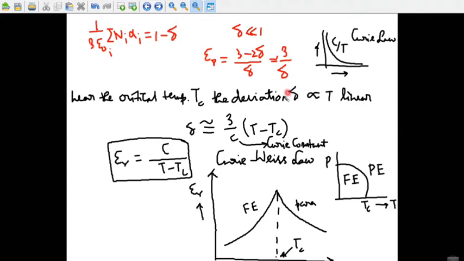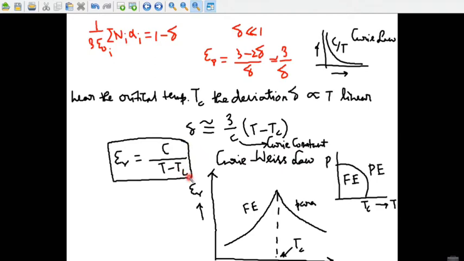So now, near the critical temperature Tc, the deviation delta varies with the temperature in a linear fashion according to delta equals (T minus Tc) upon 3C, where C is the Curie constant, and this equation becomes epsilon r equals C upon (T minus Tc).